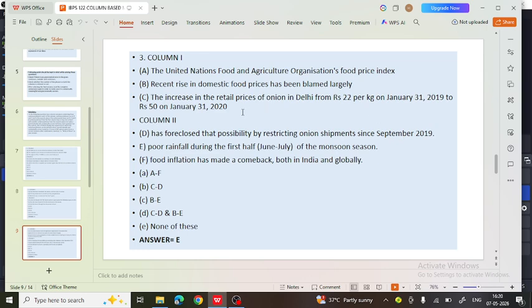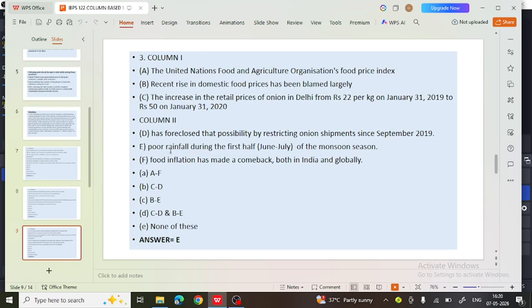So here grammatically you are not able to relate these two, because before has only you need to have the noun price, isn't it? And which is missing here: the increase in the retail prices of onion in Delhi from rupees 22 per kg on January to rupees 50 on January.